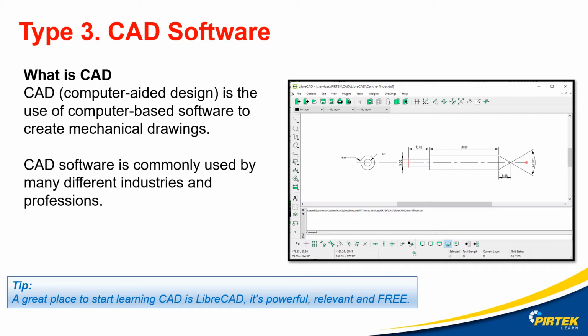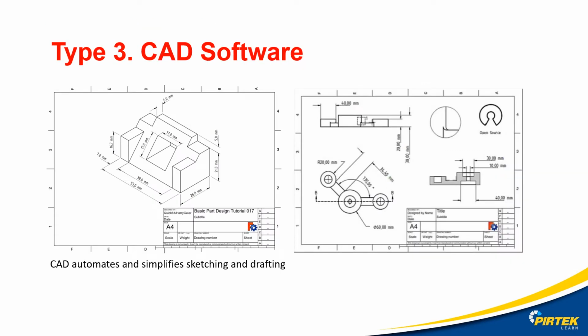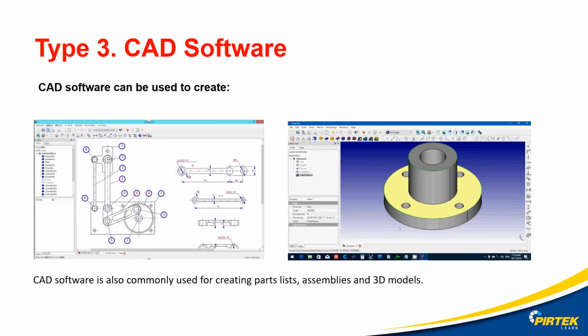CAD, or computer-aided design, is the use of computer-based software to create mechanical drawings. CAD software is particularly handy these days because we can go from a 3D model straight to an orthographic model or a 2D drawing of the component. CAD software is also commonly used for creating parts lists, assemblies, and 3D models.